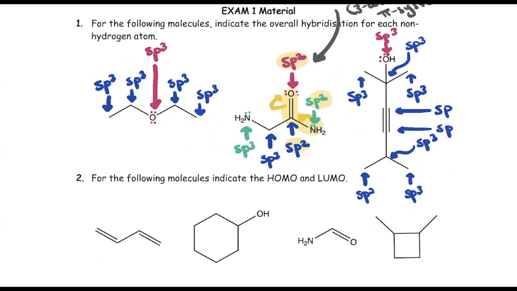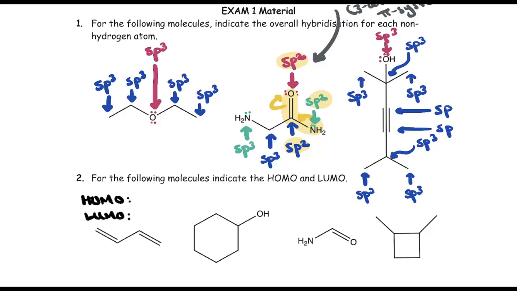Okay, number 2. It says for the following molecules indicate the HOMO and the LUMO. So for the first one, you could sit here and try to draw out every single pi molecular orbital, but that'll take you forever, especially for these rather complicated molecules.